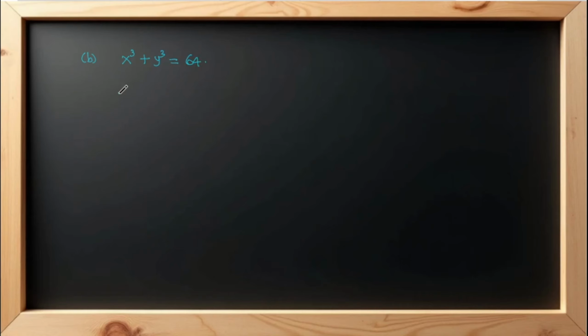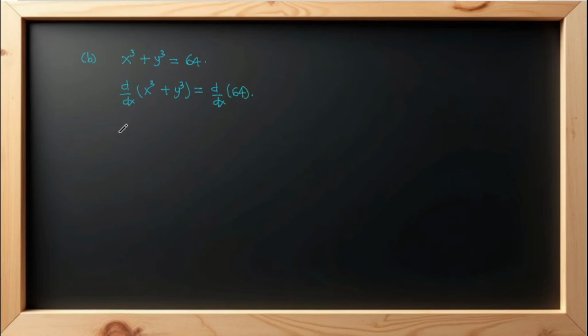Then we do the same, writing d/dx of the whole of this term, x cubed plus y cubed, equals d/dx of 64.